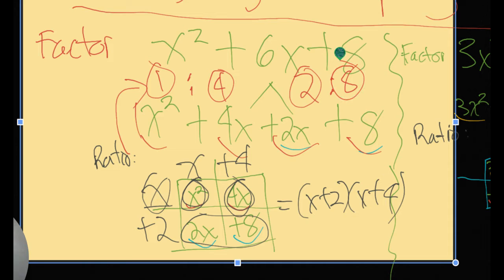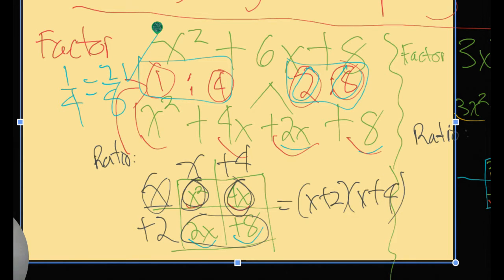Are those equivalent ratios? Is 1 to 4 the same as 2 to 8? Well, if you divide each of those by 2, you'll get 1 to 4, right? It's like equivalent fractions. So 1/4 equals 2/8. Yes, it does.